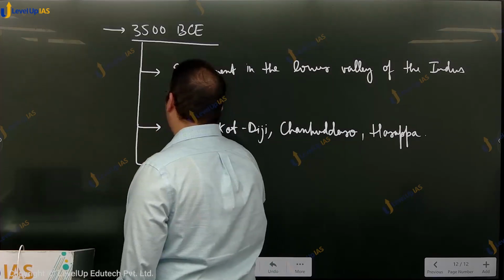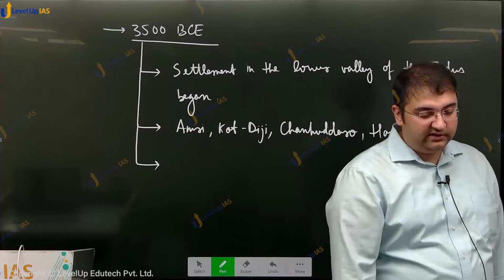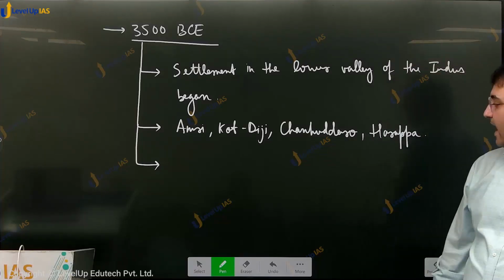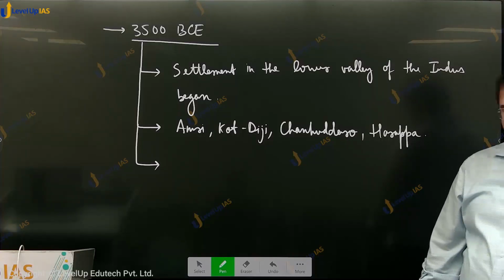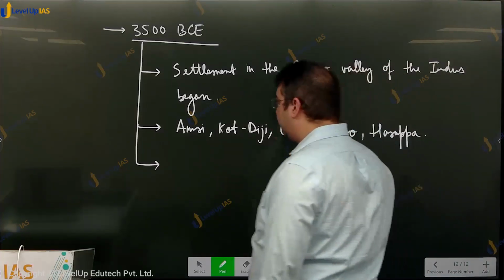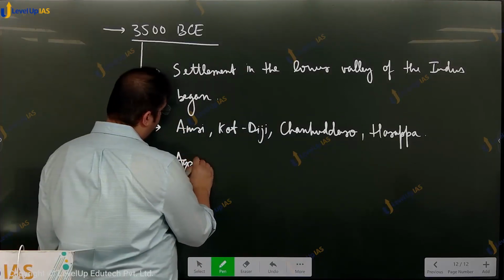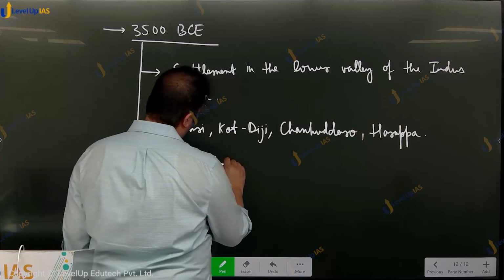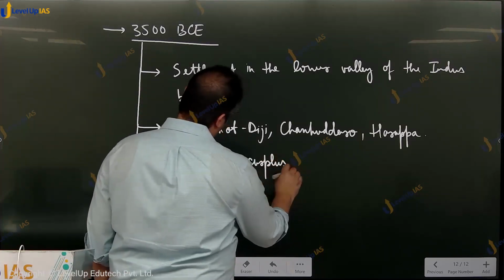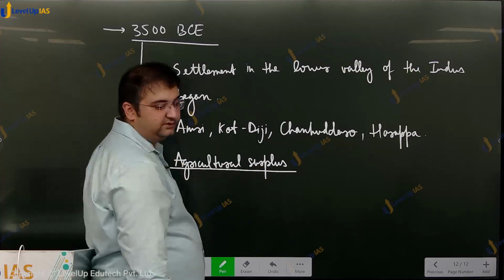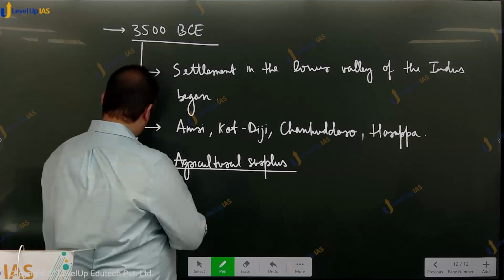The climate was much milder, the fertility was much higher, and the stone tool technology had also improved quite substantially, right? As a result, the stage of agricultural surplus started to emerge, started to form.